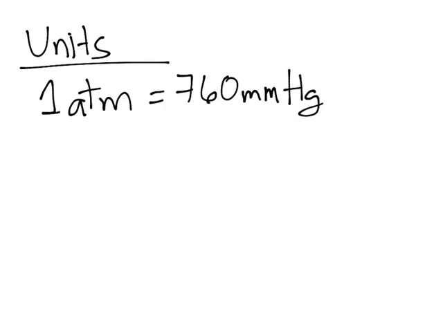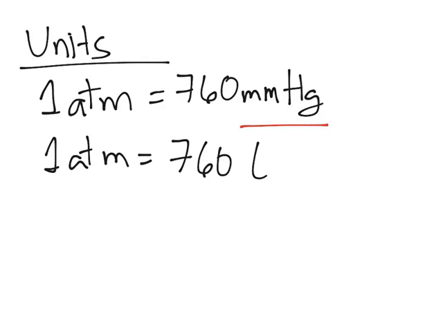That is another unit of pressure. It doesn't mean it has to be mercury, but the unit is called millimeters of mercury. We can also say that 1 atmosphere is equal to 760 torr.